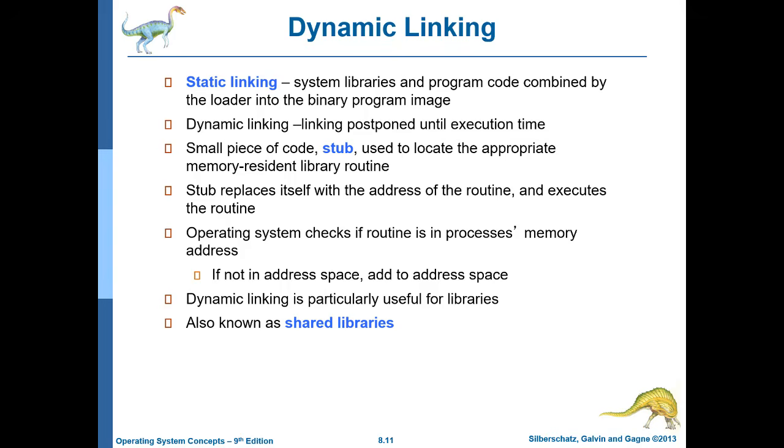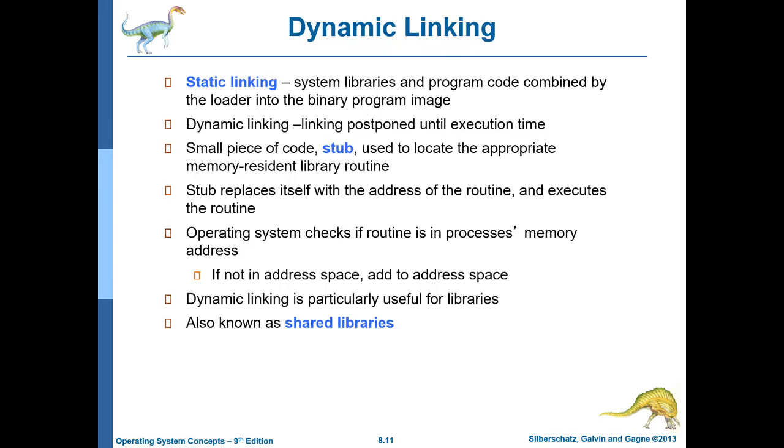So dynamic linking is very useful for libraries. It is used quite significantly in the Windows operating system in the form of dynamic linked library files, or DLL files. These DLL files are also known as shared libraries because they are shared between different processes.